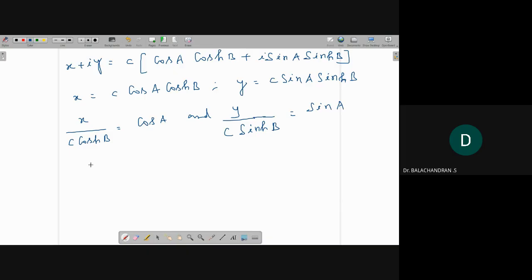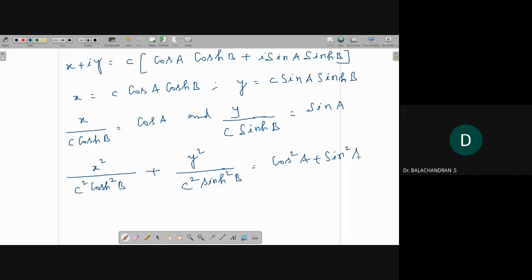So this implies x square divided by c square into cos h square b plus y square divided by c square sin h square b equal to cos square a plus sin square a, equal to 1.